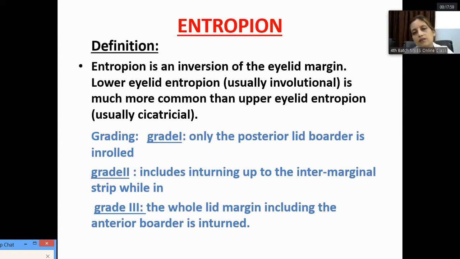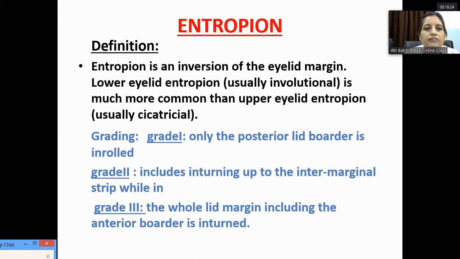But in case of ectropion, you will be able to see the punctum, and in case of entropion, you will see the posterior lid margin is enrolled inward, and you will see that the lashes are misdirected, but actually the lashes are not misdirected, the lid is enrolled inside.